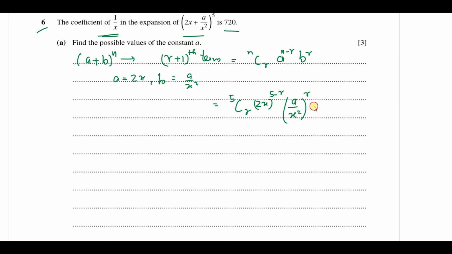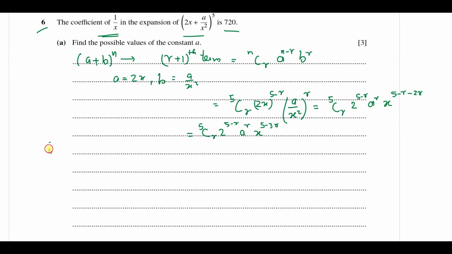We can rewrite it as 5Cr and 2 raised to the power 5 minus r and a raised to the power r. Taking x at the same place, it becomes x raised to the power 5 minus r minus 2r, because here it is x squared in the denominator. Finally we can rewrite it as 5Cr 2 raised to the power 5 minus r, a raised to the power r and x raised to the power 5 minus 3r.